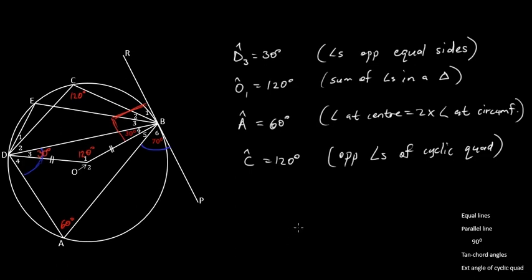Now we're looking for angle D, angle ADB. That is angle D in triangle ADB. Where is triangle ADB? This is triangle ADB.